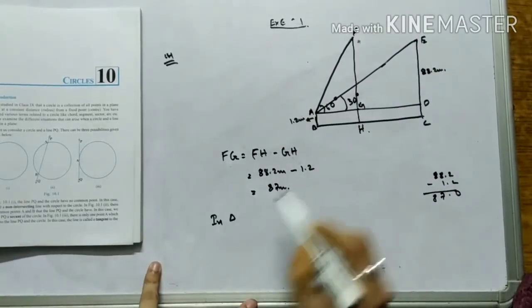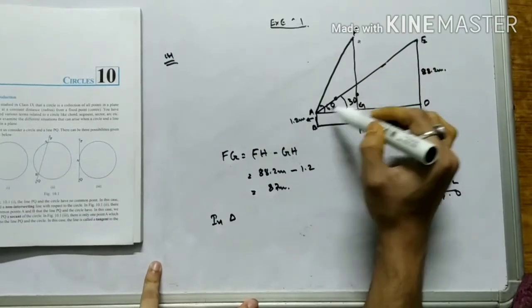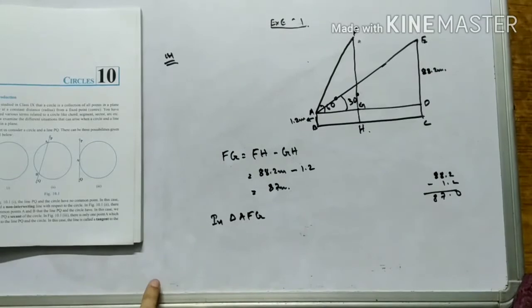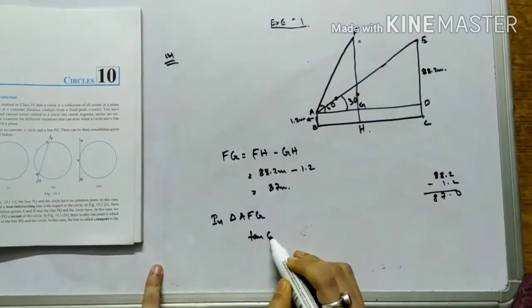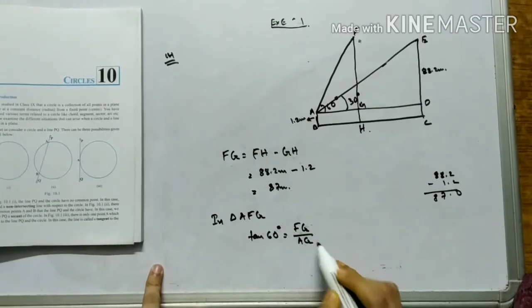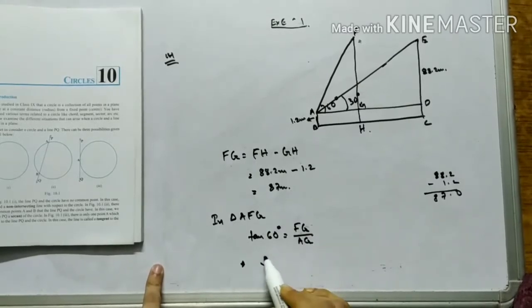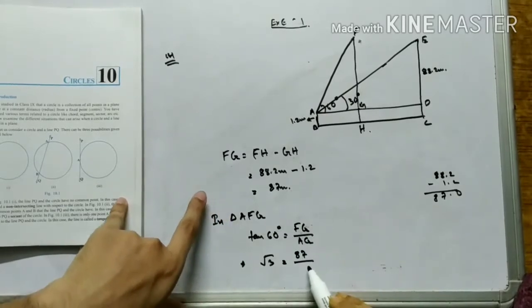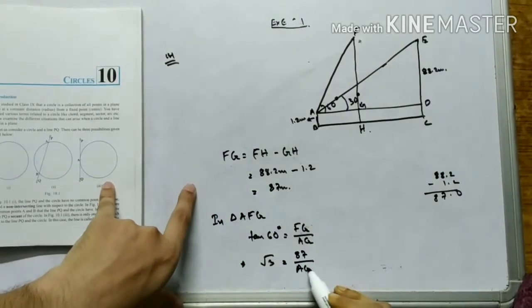So in triangle AFG, I will use tan 60 equals FG by AG. This will be root 3 equals FG by AG. We got FG as 87, and AG I don't know, so keep it like that.